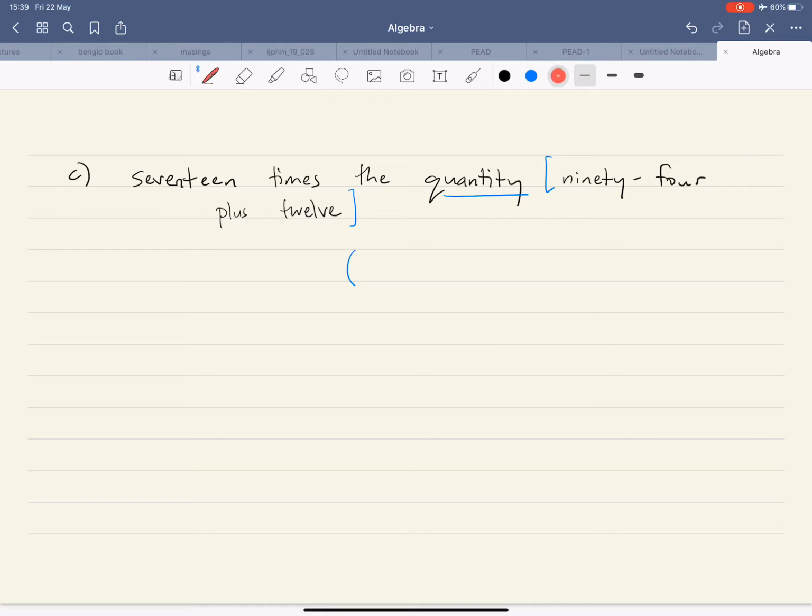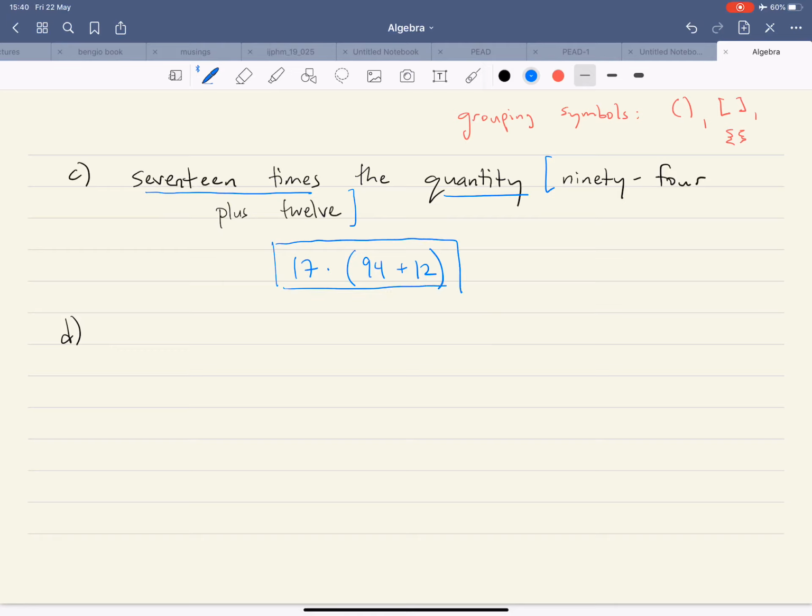Remember that grouping symbols can be parentheses, they can be square brackets, and they can be curly braces. Okay, so we're going to group 94 plus 12 with parentheses, and then we're going to multiply that with 17, right? We know to do that because it says 17 times the quantity 94 plus 12. And I'm going to box my answer.